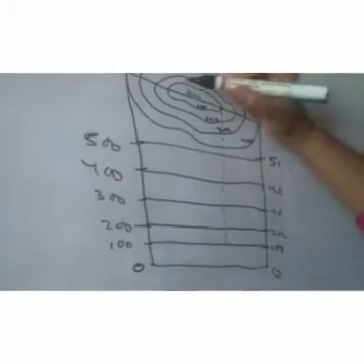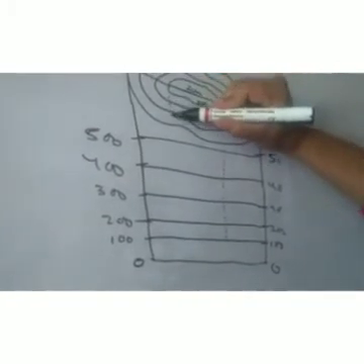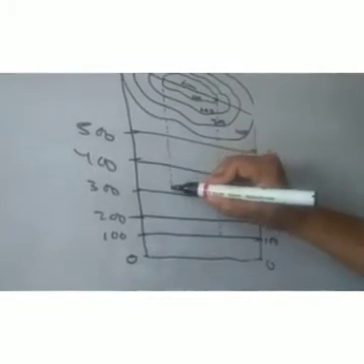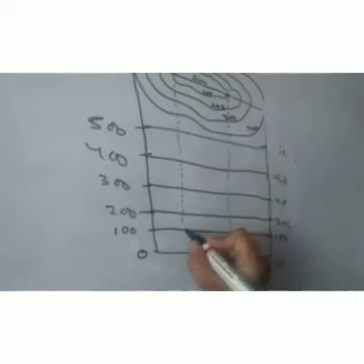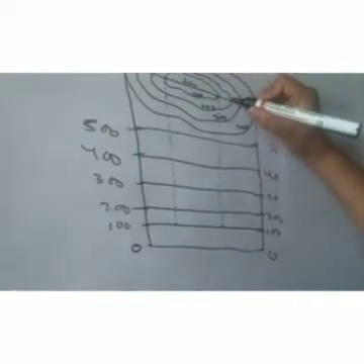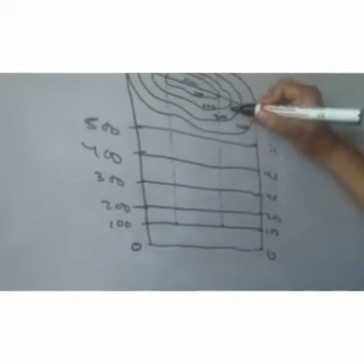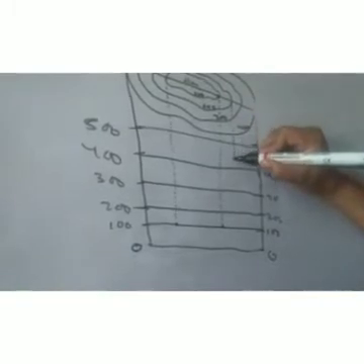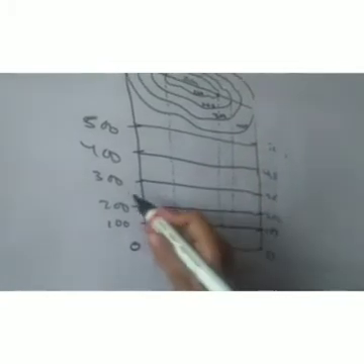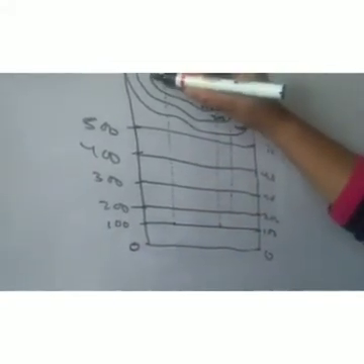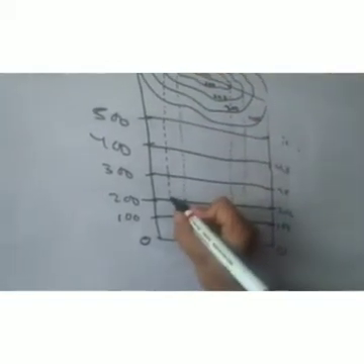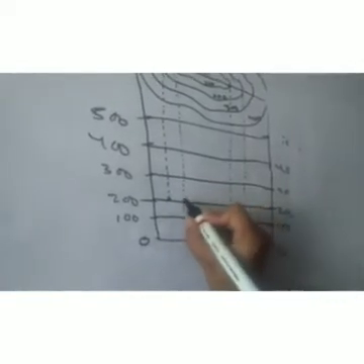Now from here also make a vertical line like this and end it up to here. Same in 200 also: this 200 vertical line is going to join the horizontal 200 line here, and here also this 200 vertical line is going to end in the horizontal 200 line.